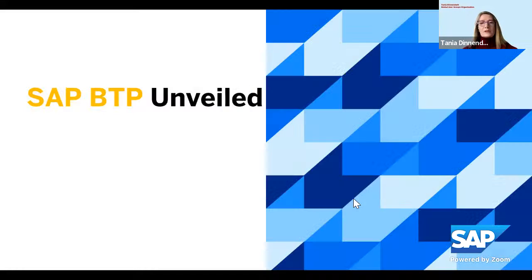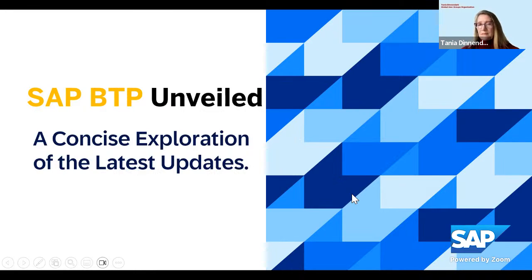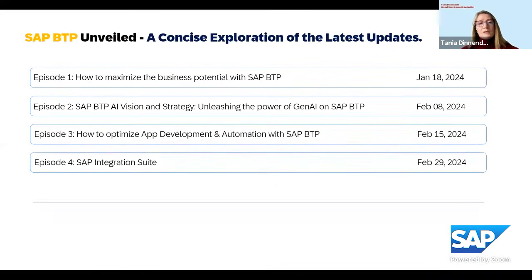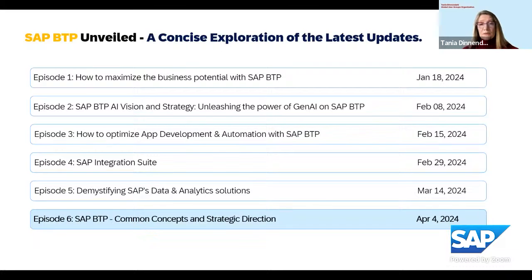And with this, I would like to provide an overview of our series today. Give me a second to share the presentation. Here we go. So, our series covered 6 episodes, all covering the main columns of BTP.